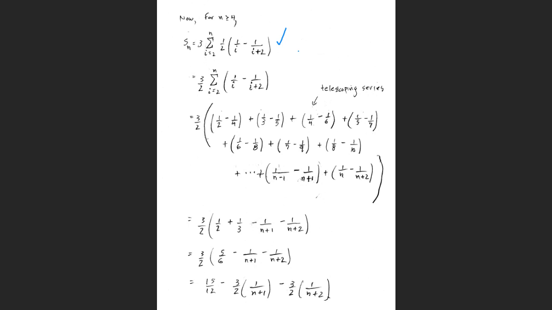So now the half here, I can bring that out front. So the 3 halves here is from 3 times 1/2. And now the summation over here, I can expand it out as you see there.